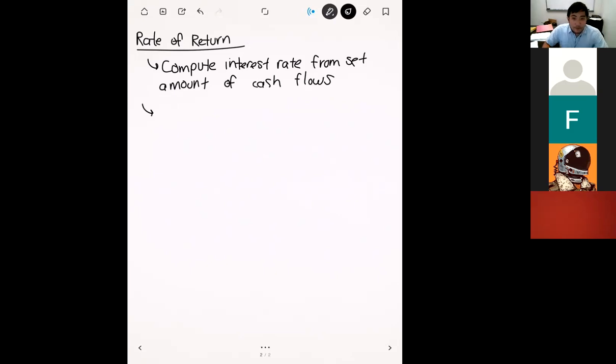But one thing we're really interested in is, can we use rate of return analysis to perform comparisons?